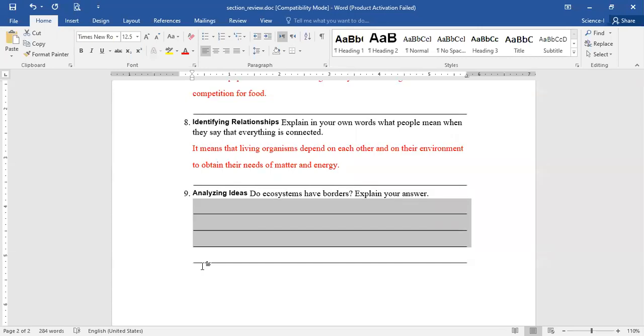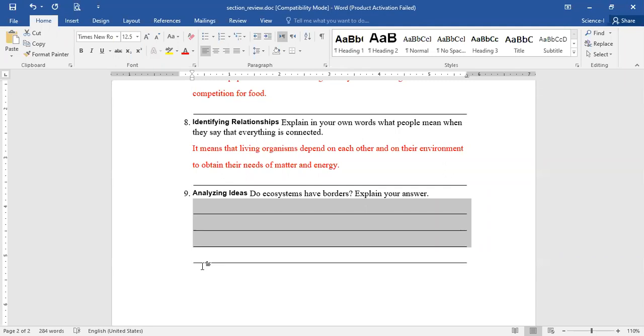Yes, so ecosystems don't have borders, or they are somehow naturally contained by some geographical limits. As your friend said, they may have water around them, or sometimes mountains.